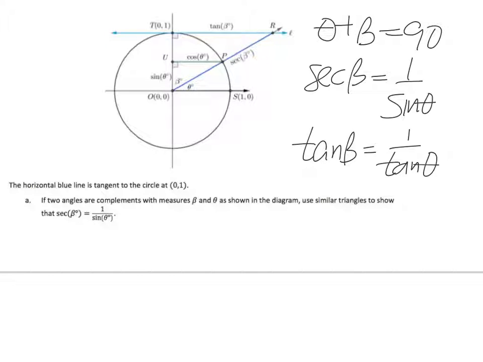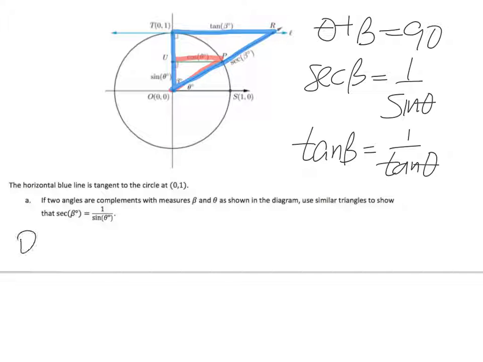Okay, so the horizontal blue line is the tangent to the circle at ordered pair 1, 0. If we look at the triangles OPU and ORT, there we have our similar triangles. It'll be pretty easy to set up.